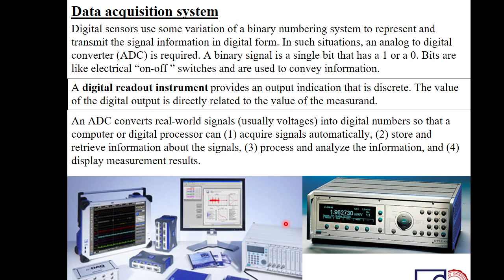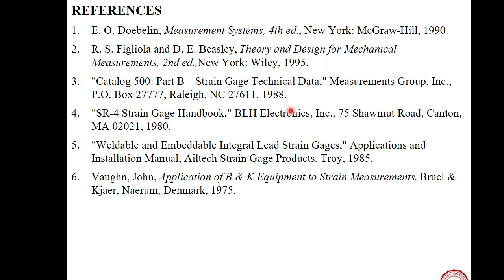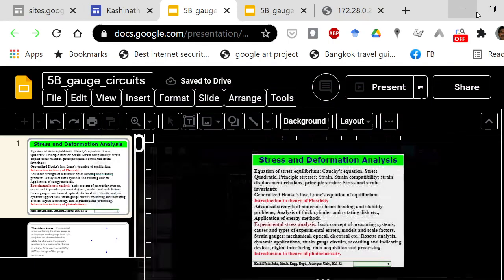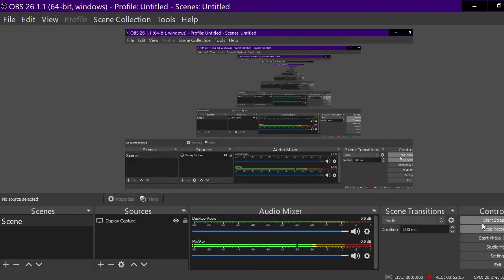We will show you some of the instruments in the strain measurement unit. So this is all about our strain gauge circuit, or the measurement part of the strain gauge. The next part we will be discussing is an actual experiment on strain gauges. That part we will discuss in our next lecture.